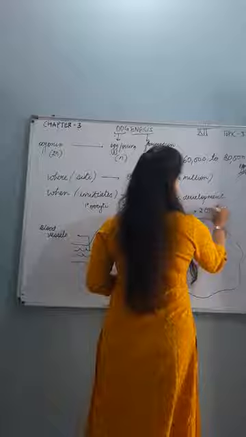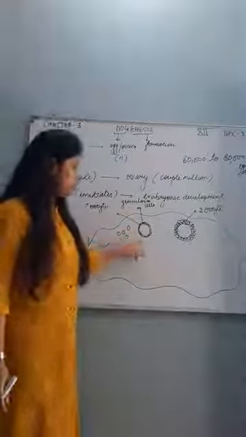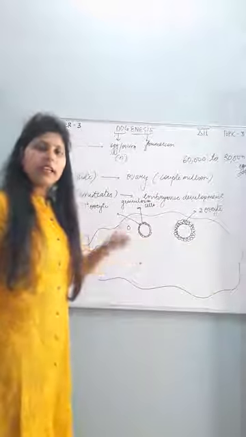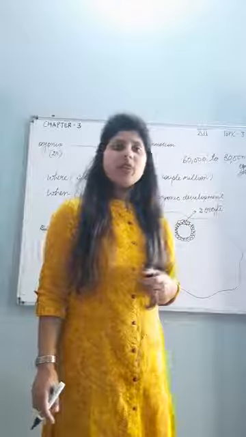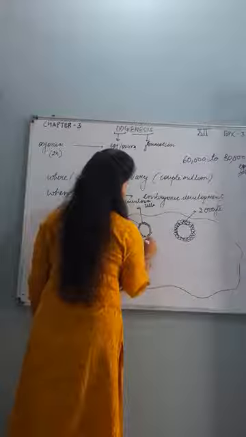The most important thing here is that when the primary oocyte is surrounded by the granulosa cells, it is now called a primary follicle.